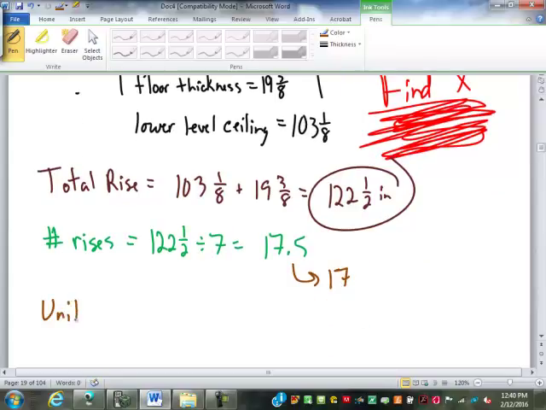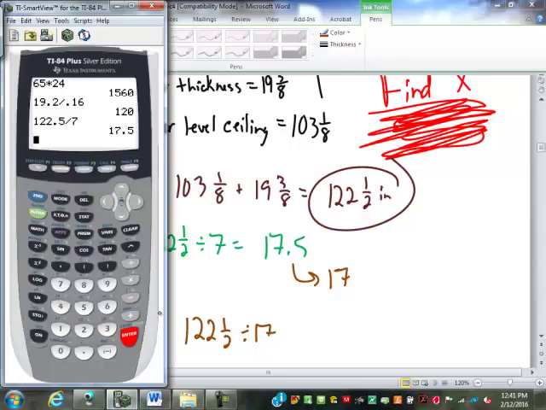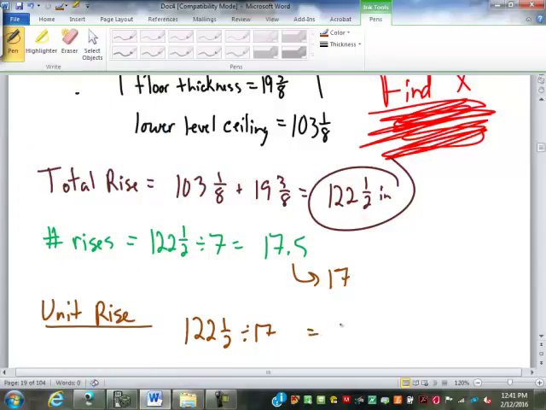So we're going to find our unit rise, or our proposed unit rise in this case, 122 1/2 divided by 17. 7.206.